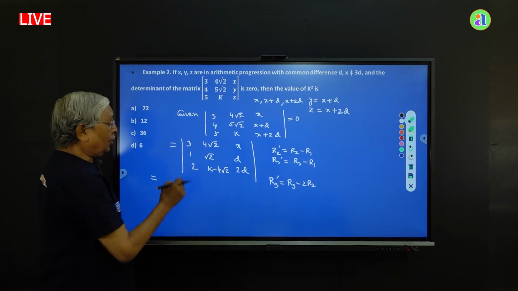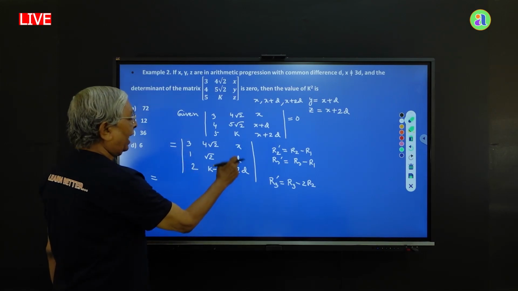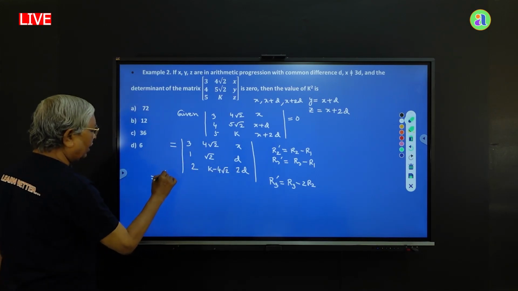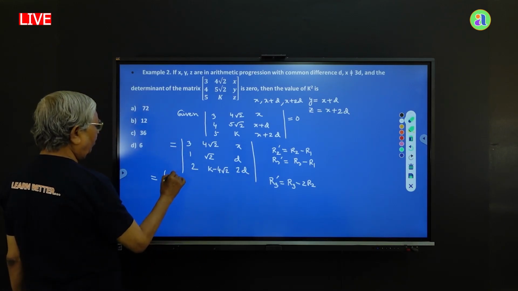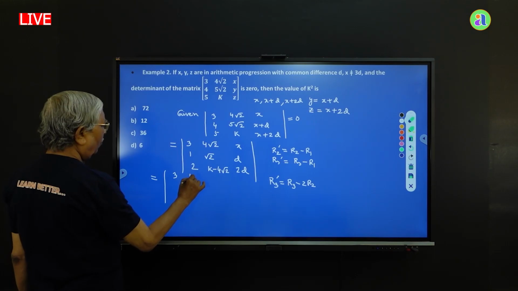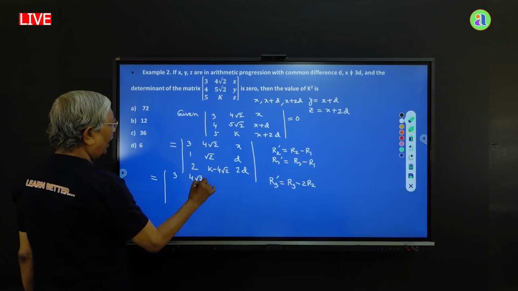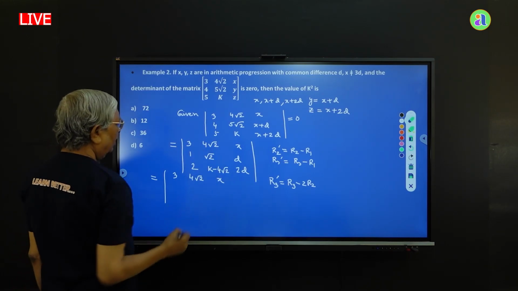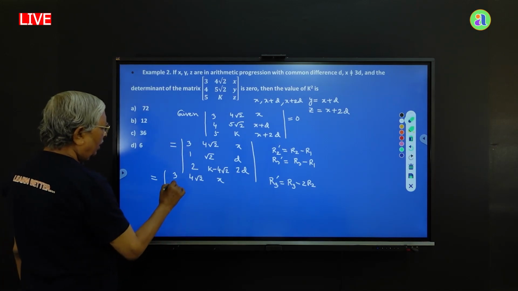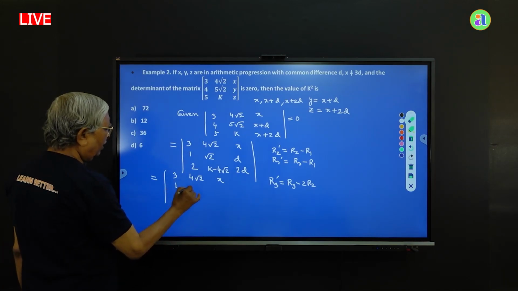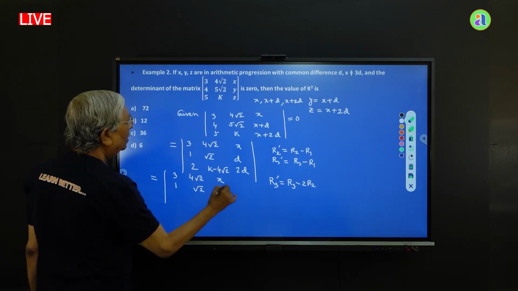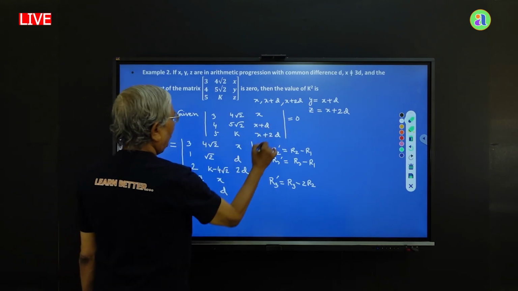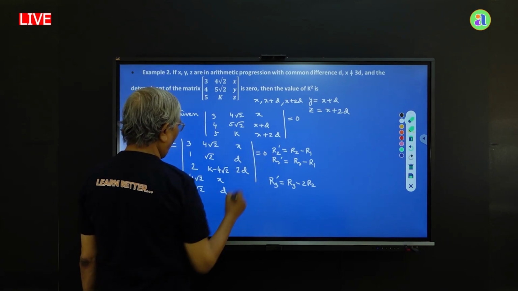Why apply this operation? This element will be 0. So the first row will remain the same, 3, 4 root 2 and x; then 1, root 2, d. This is equal to 0.